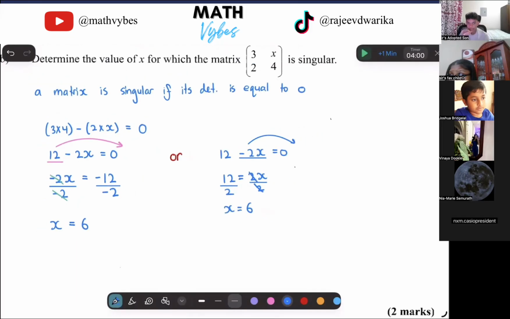Is there anybody in class that does not understand this? Let me know. My quote-unquote favorite child, do you understand this? Yes, sir. Vinaya, I know you're not feeling well, but do you understand everything I've been doing so far? Yes, sir. All right. Nia, I didn't hear too much in the Form 5 class. Let me know what's going on.